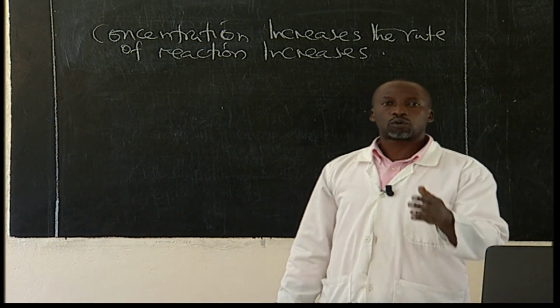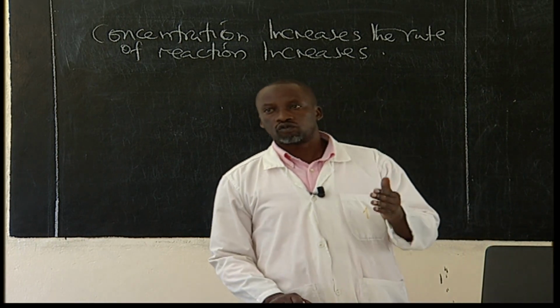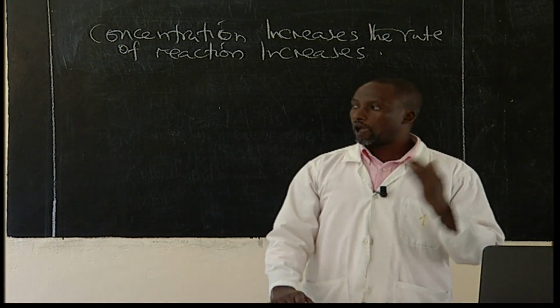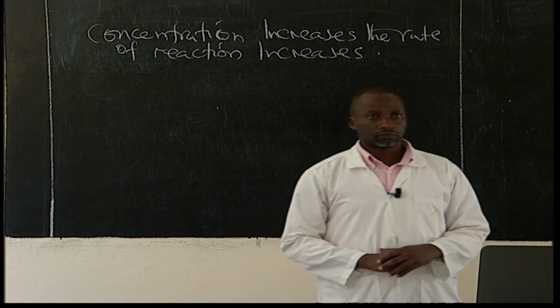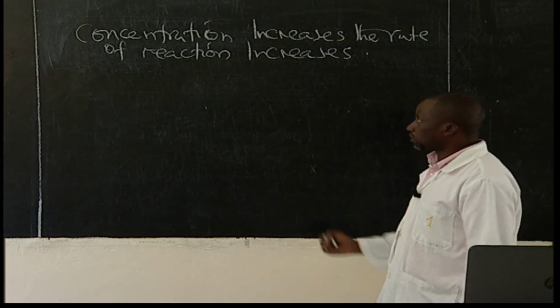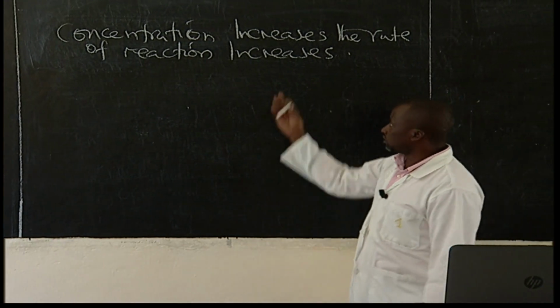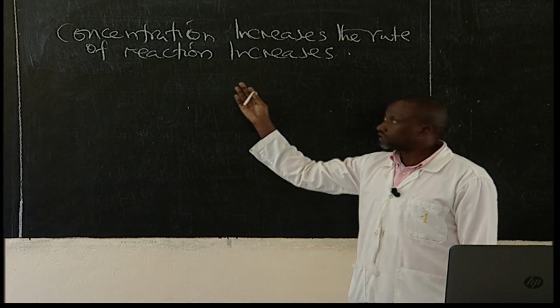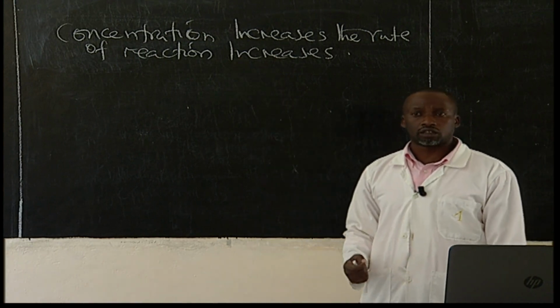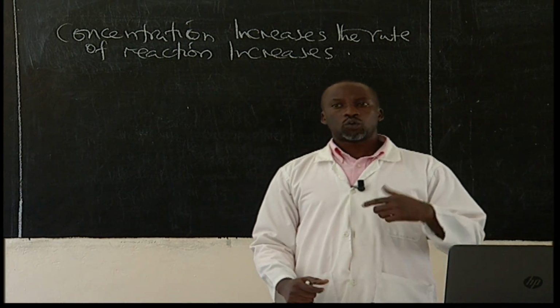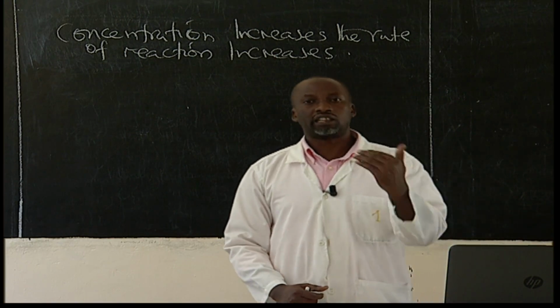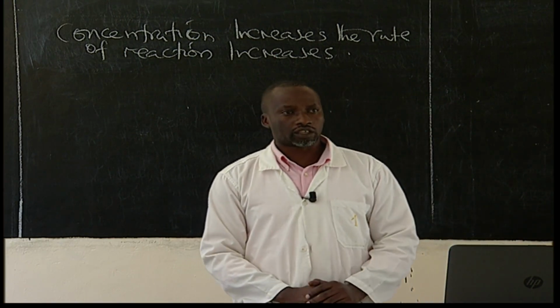There is a direct proportionality between the rate of the reaction and the concentration. Meaning if we decrease the concentration, it is vice versa: if the concentration is decreased, then we expect a decrease in the rate of the reaction.